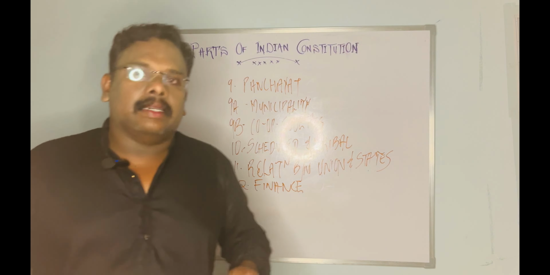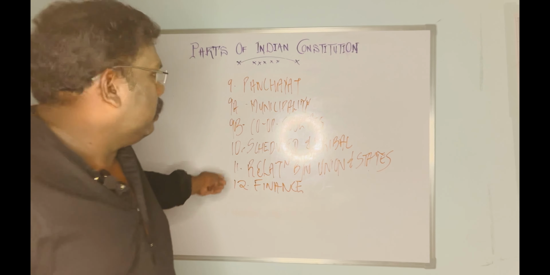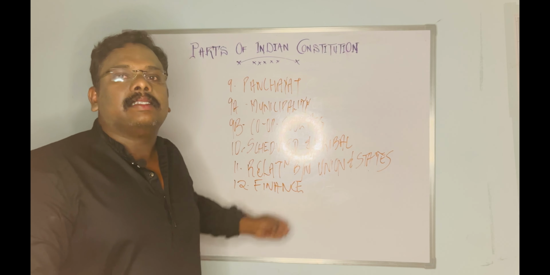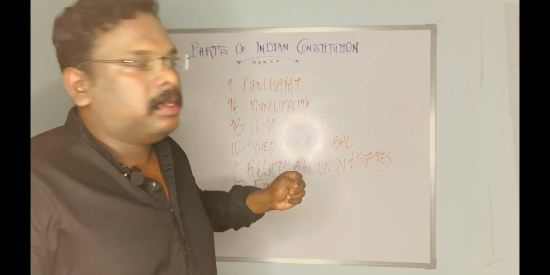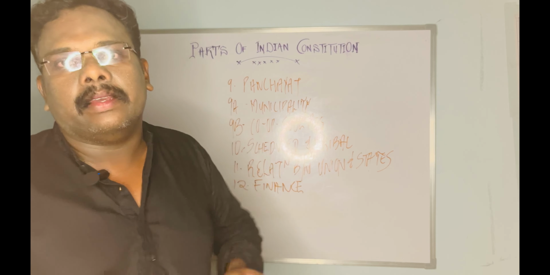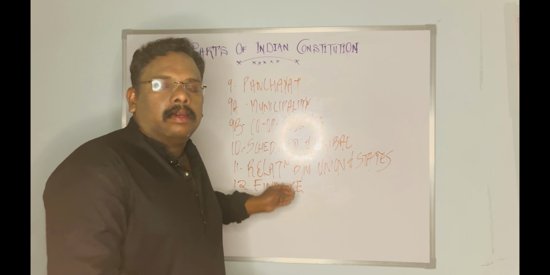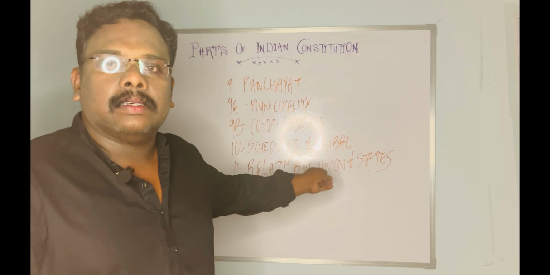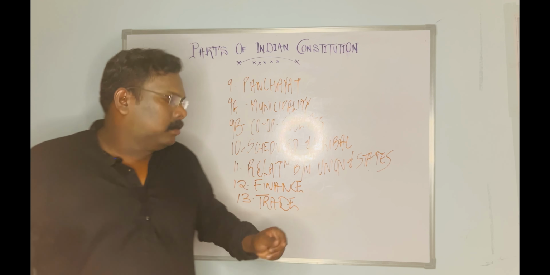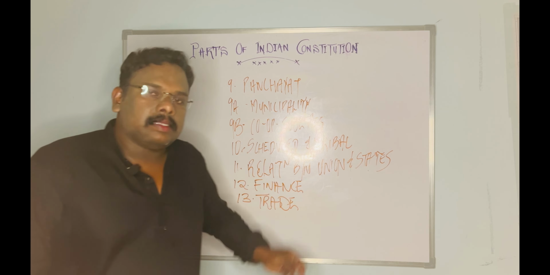I won't tell the detailed name of every part. I just want you to remember the various parts in their order. So I'll just write that one word which can convey the whole sentence or whole words in the part. So we covered finance.